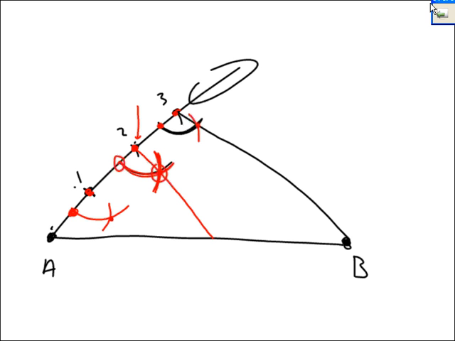Where they intersect, find the point of intersection. Now just connect the two dots. In theory, this length and this length are the same length. We trisected the line segment.